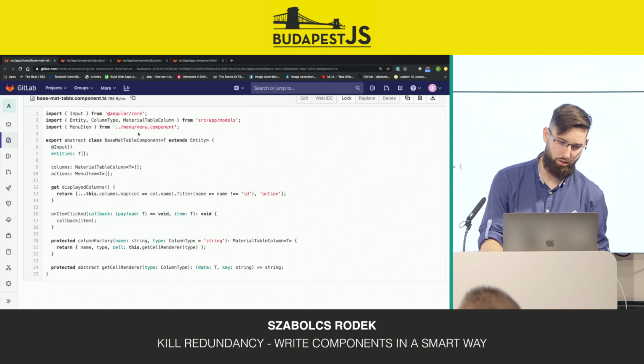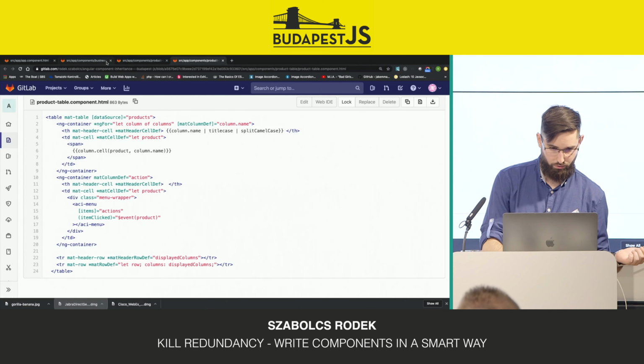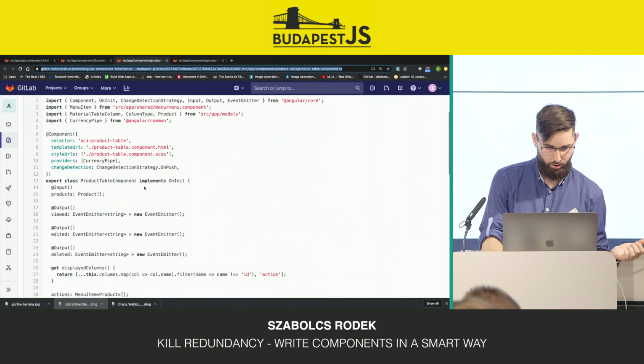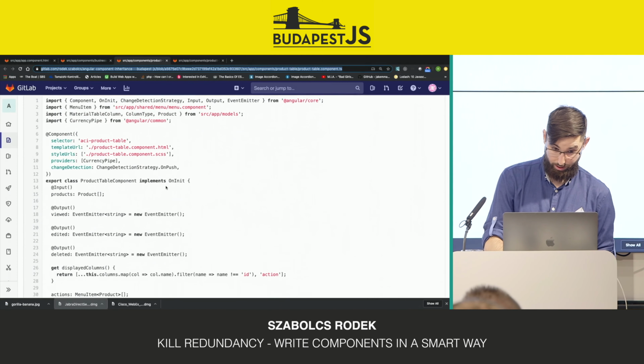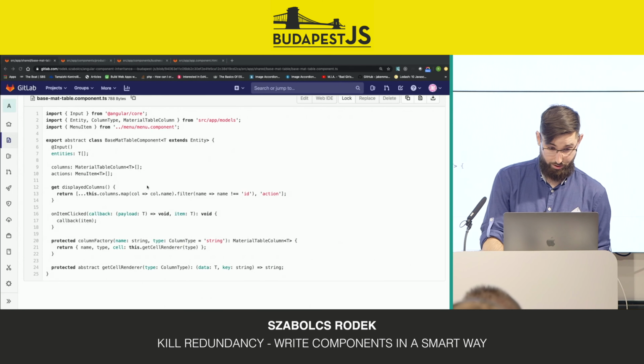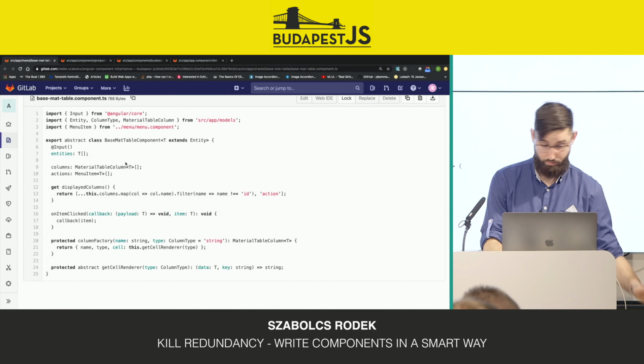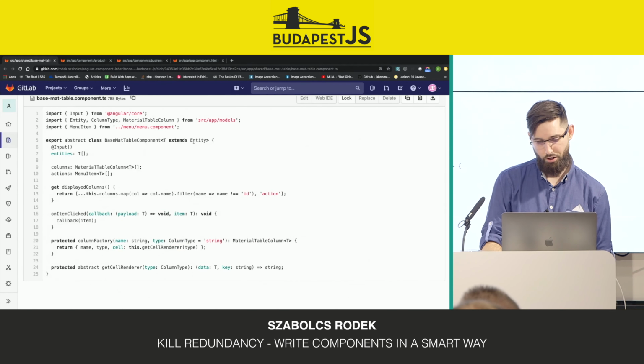So if you remember the previous implementation, in the case of the product table, it worked only with product typed objects or entities. In this case, if you extend this class, it's going to work with any kind of entities which are extending the entity class. The entity class is pretty simple.